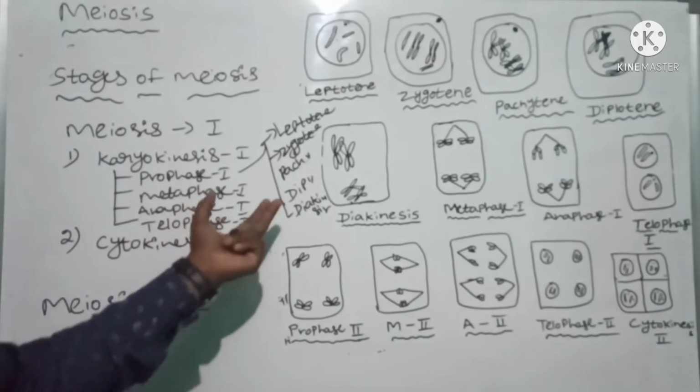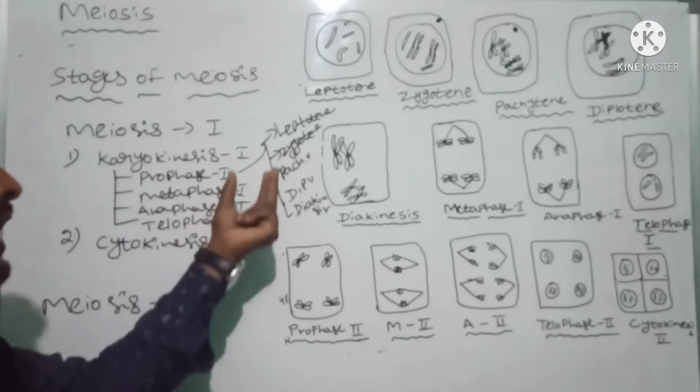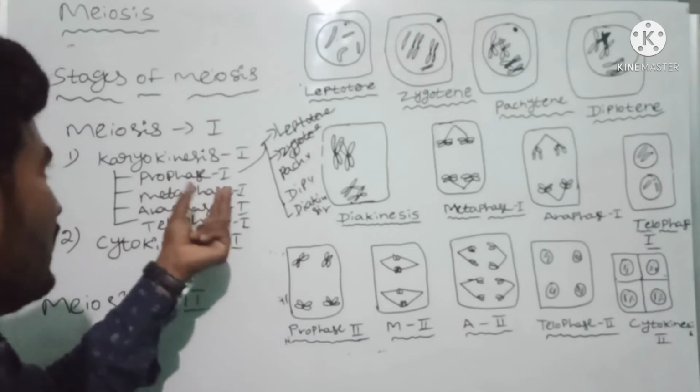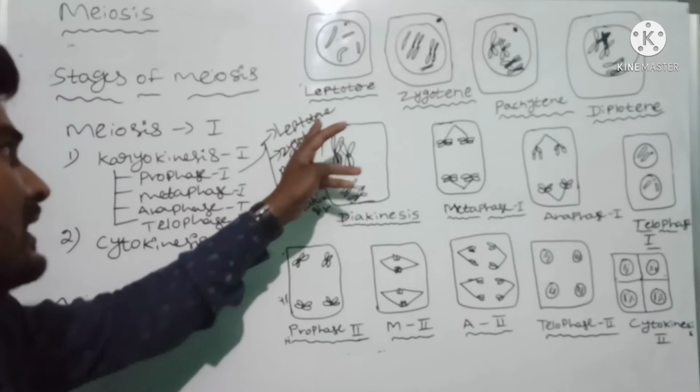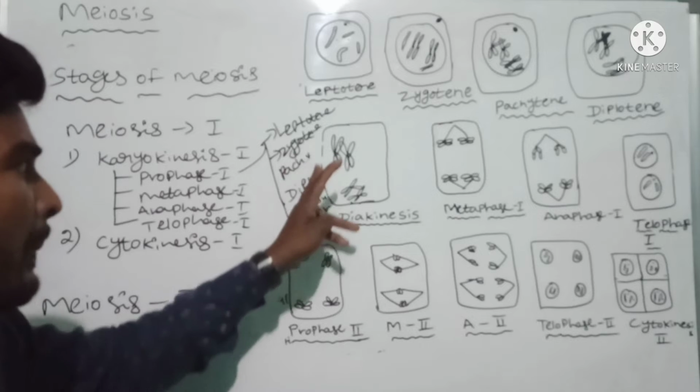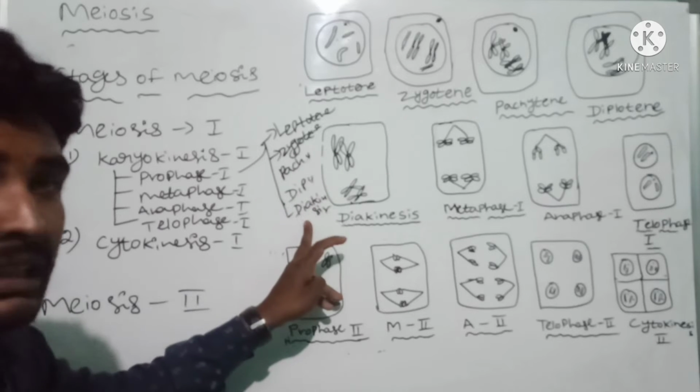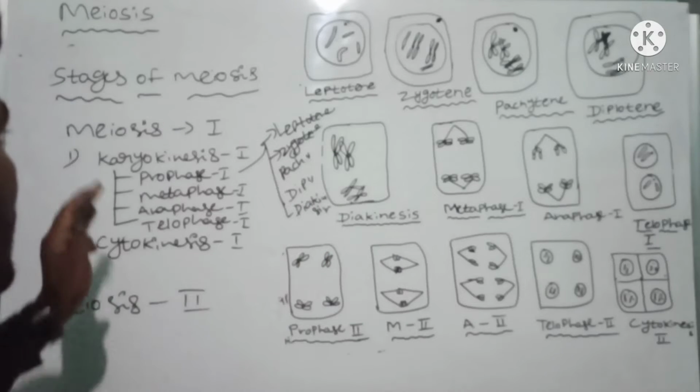How is prophase 1 classified here? Based on chromosomal behavior, this prophase 1 is classified into 5 phases: leptotene, zygotene, pachytene, diplotene and diakinesis.